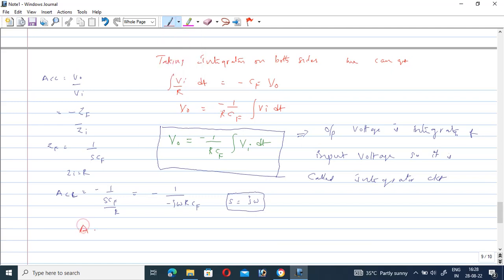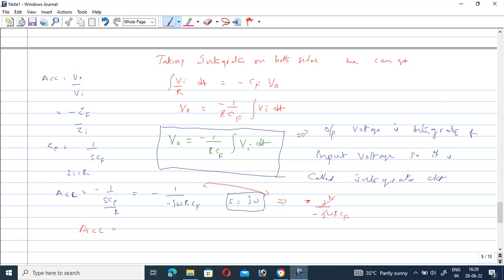Therefore, ACL is equal to, so minus J is there. Instead of that, we can place minus as J square, minus 1 can be represented as J square. So this equation can be represented as minus 1 equal to J square by minus J into omega RCF. J gets cancelled.